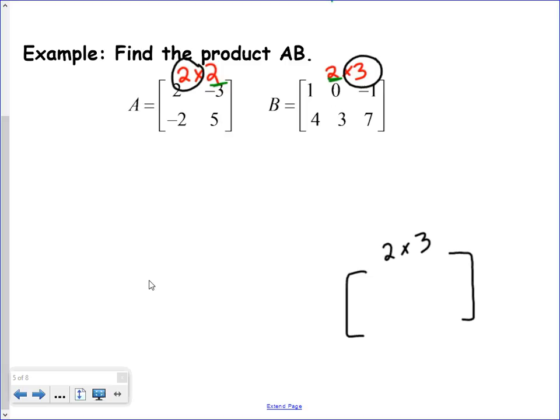Now, I'm going to write out a little bit more work than I always write out. Sometimes if they're bigger matrices, I write this work out anyway because it can be helpful. You might get lost in a matrix multiplication. So once I decide that I can multiply them, I'm going to write out my two matrices right next to each other like I'm multiplying.